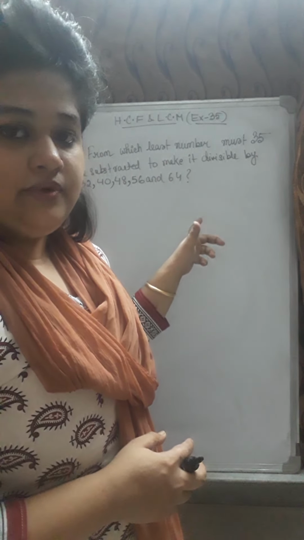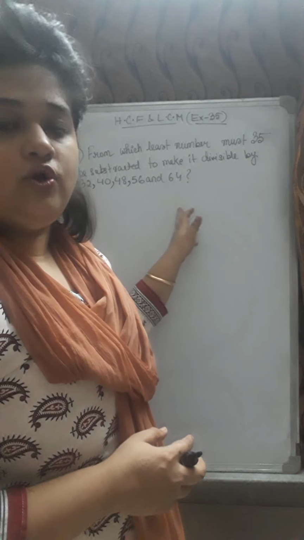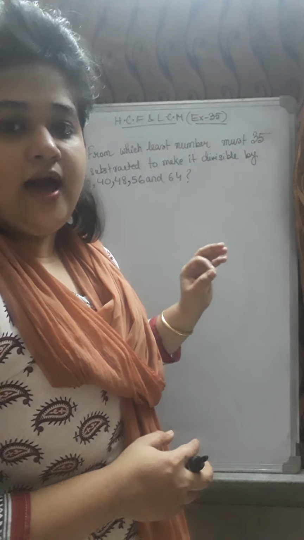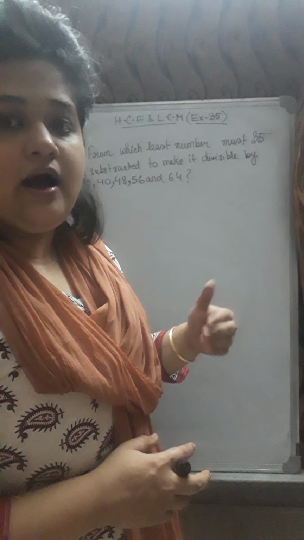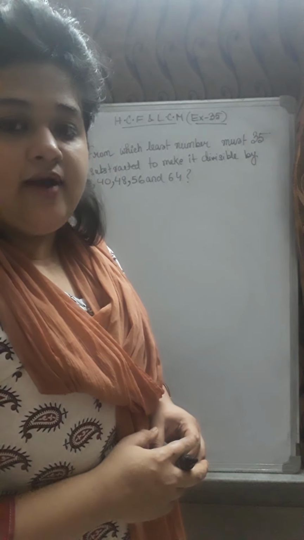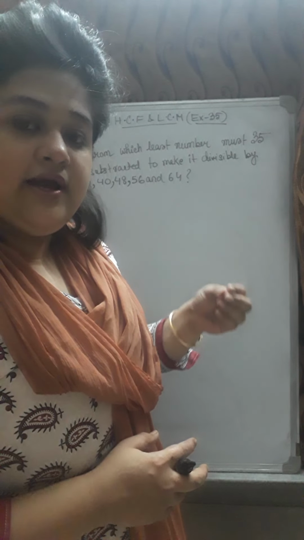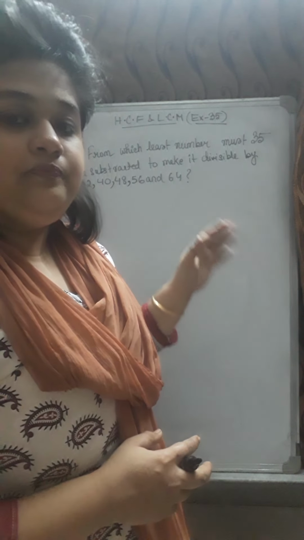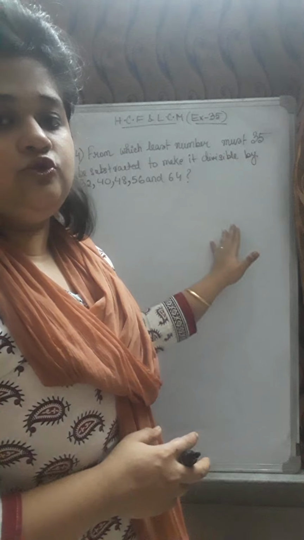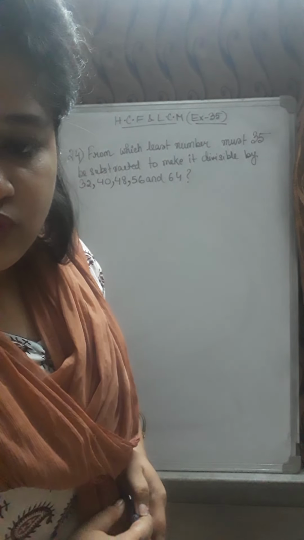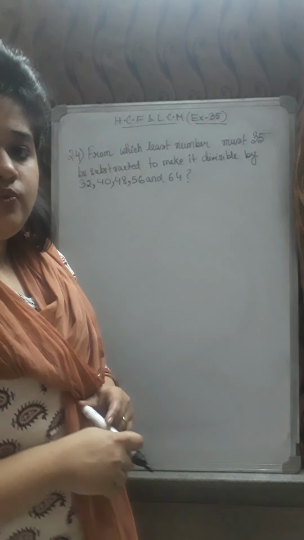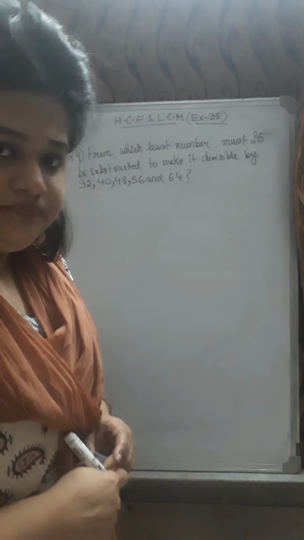So that number which is divisible by all of them, we have to get. And how do we get it? We have to get that number from where, if I deduct 35, the number is going to be divisible by all these. So how will we begin our answer?